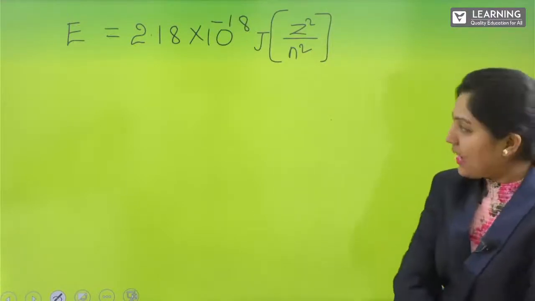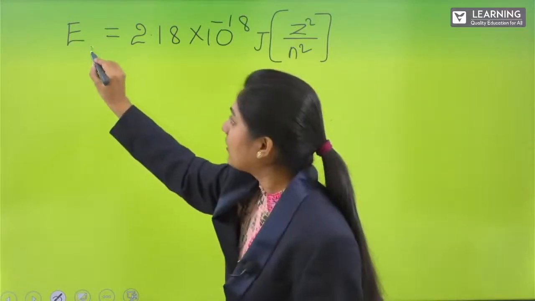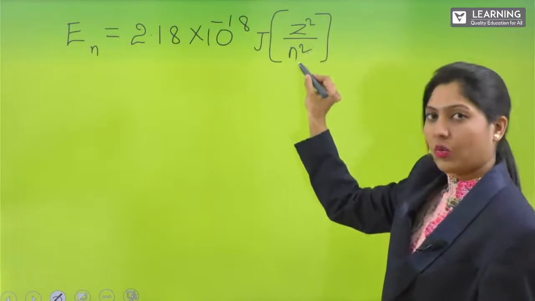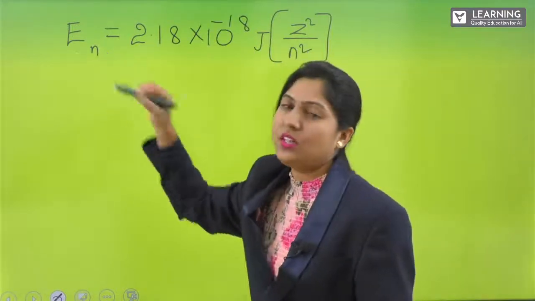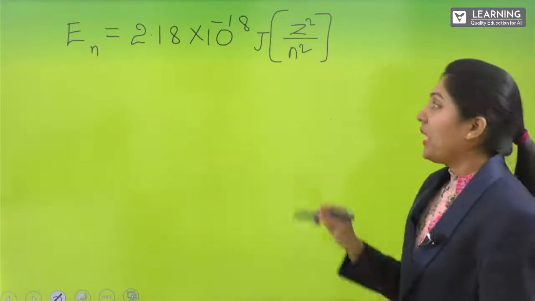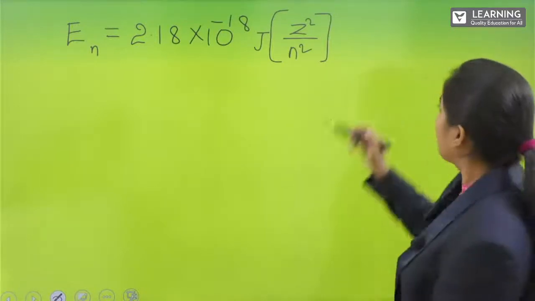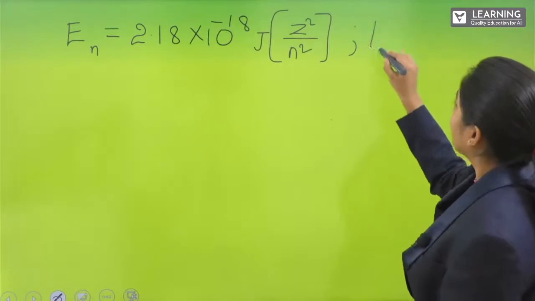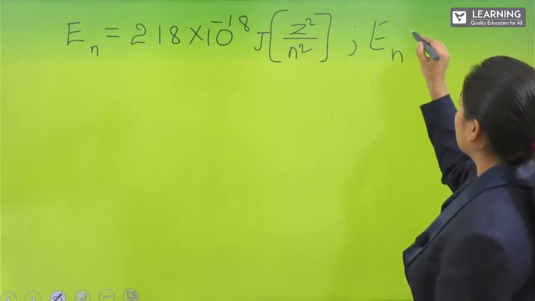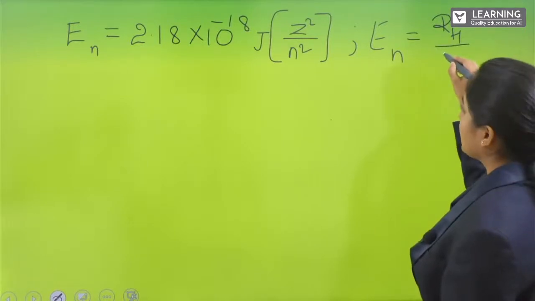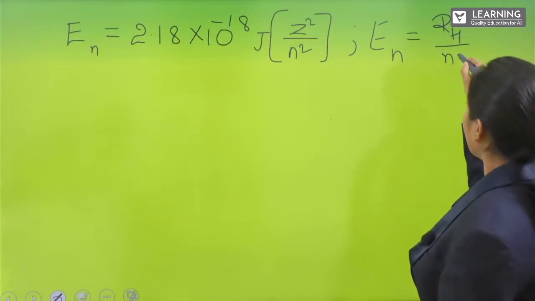So next we have this for n. Why are we taking n? Because whichever orbit we require, that orbit's energy we can derive. And while deriving, we need to know one more thing. En is equal to RH by n square.